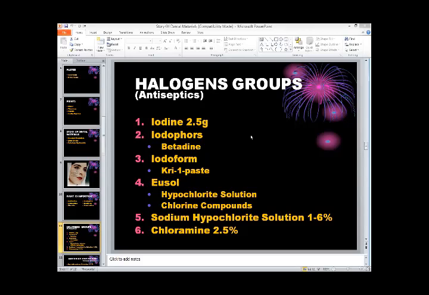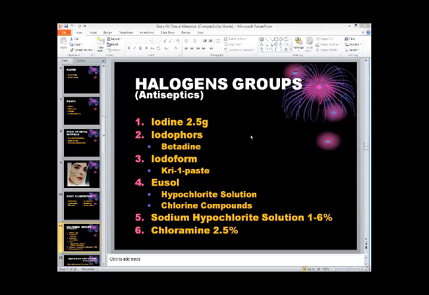In iodoform, we mix in formalin, which is a very good antiseptic, and we use this iodoform in disinfection of the root canal, and we make so many materials. Then Eusol, we talked about, has hypochlorite and chlorine compounds.